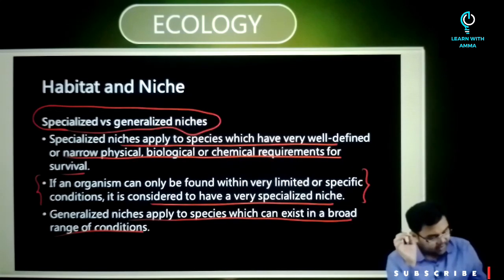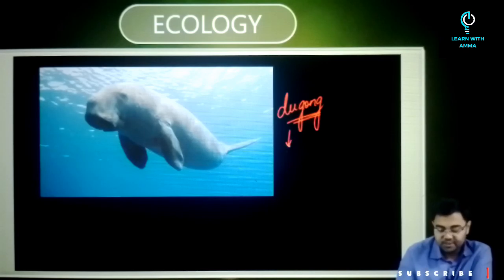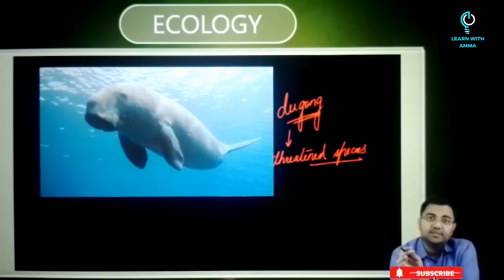Now, if I take an example, this is known as a dugong. Now, dugong is a threatened species. And why? You have to ask this. Because of its niche. What happens is, dugong has a very specialized niche.